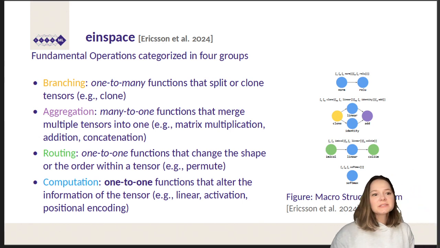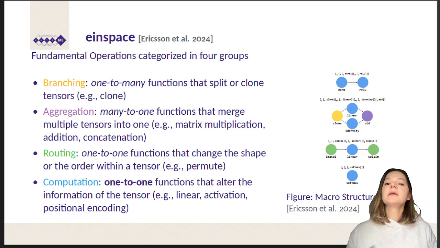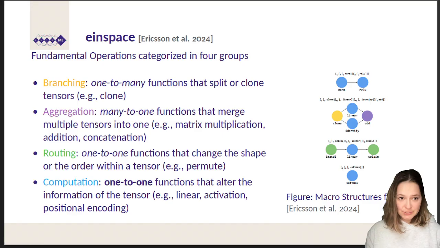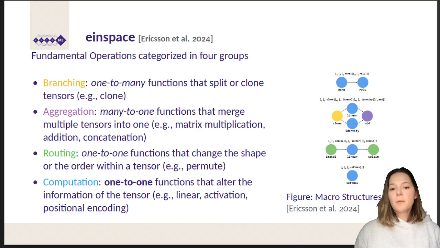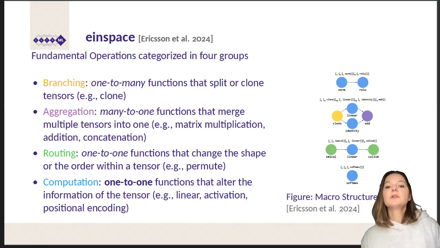So the Einspace search space starts with categorizing fundamental operations in 4 different groups. The first group is a branching group, which is a one-to-many function, which splits or clones a tensor.